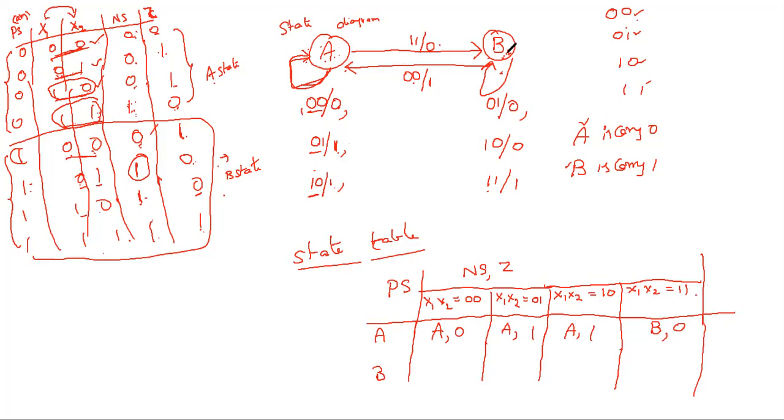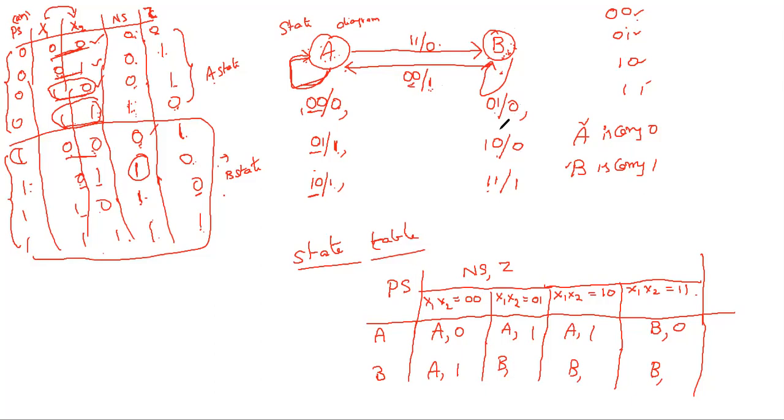Next for B state. This is B state. For 0 0, we get A. For all the remaining, we get B only. So B, B, B. Next output: for 0 0, we get output 1.